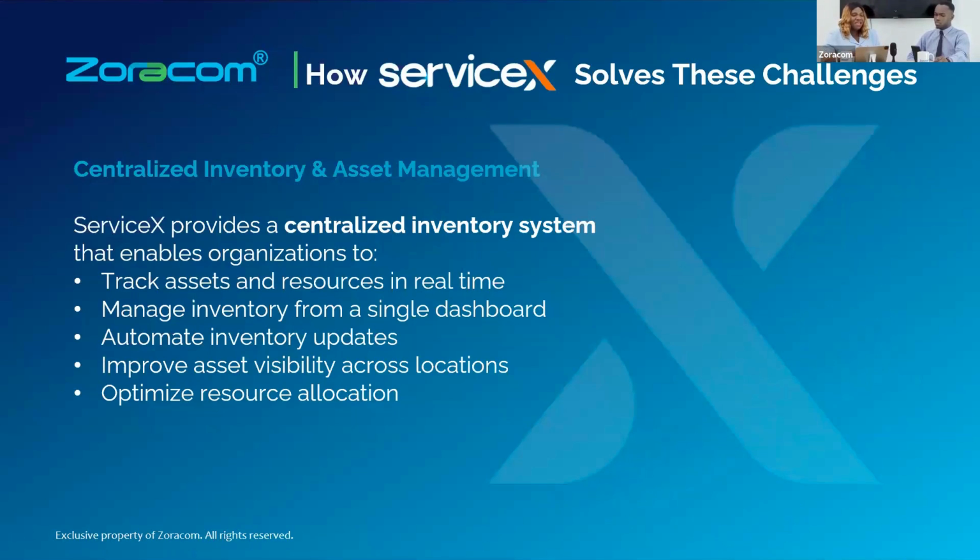Then secondly, serviceX enables teams to track assets and resources in real time. So whenever an asset is assigned or moved or used, that update is immediately reflected in the centralized system. So it helps to automate inventory updates.